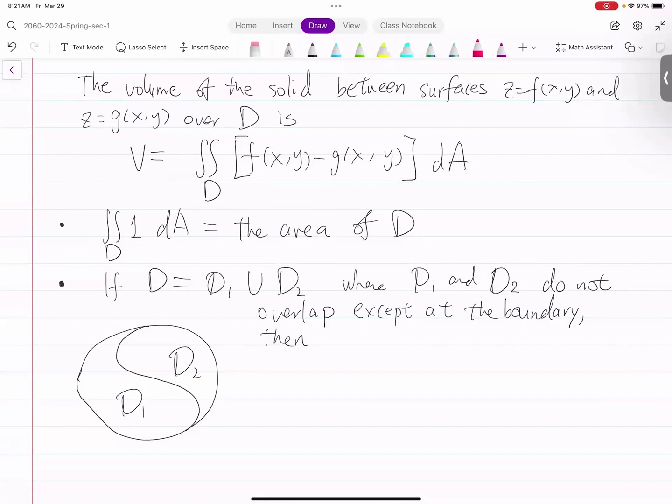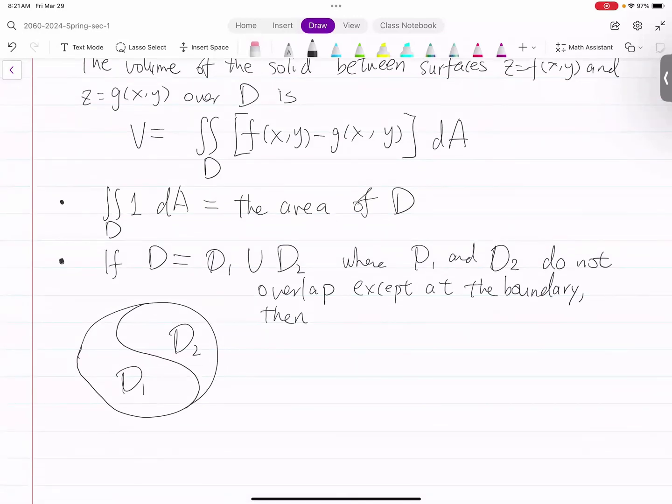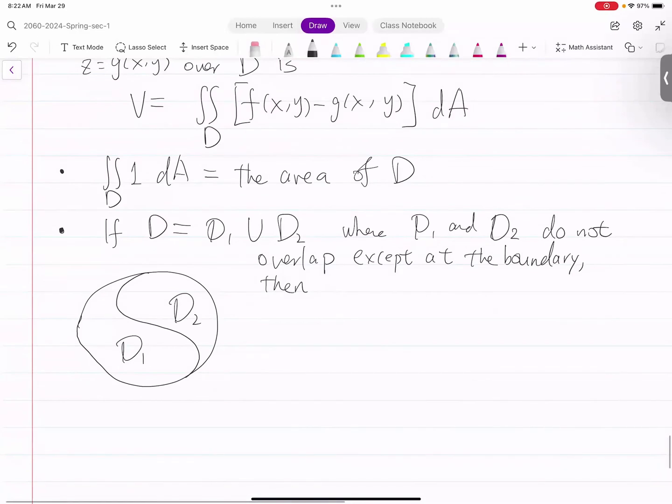You can see here that D1 and D2 only intersect at this boundary right here. If this is the case, then the interior of these regions will not overlap. Then we can split this integral over cap D into two pieces.